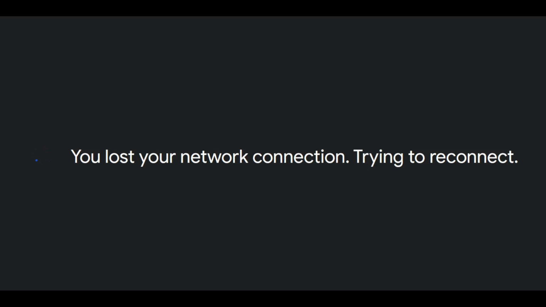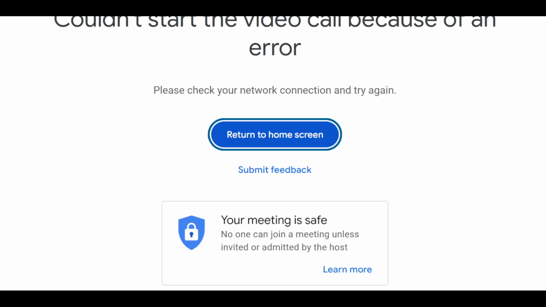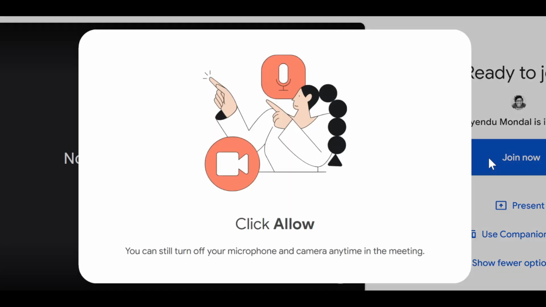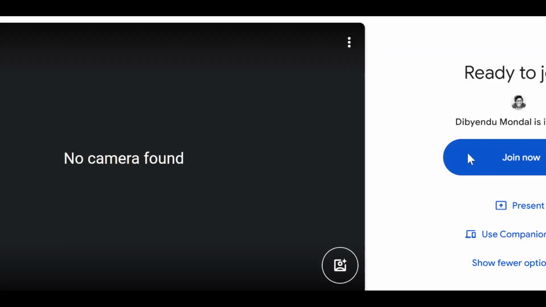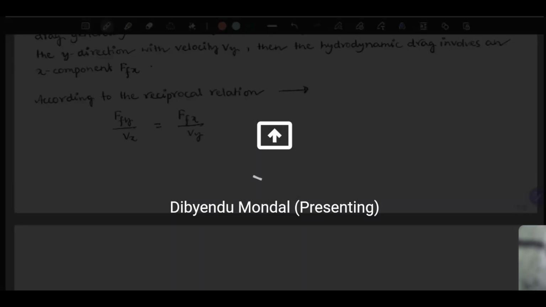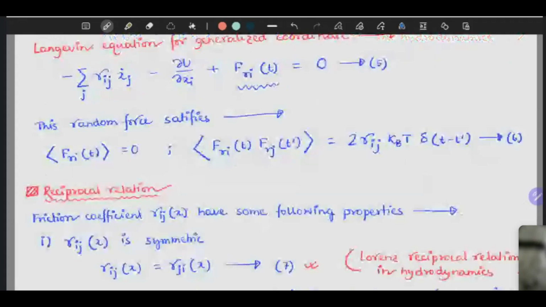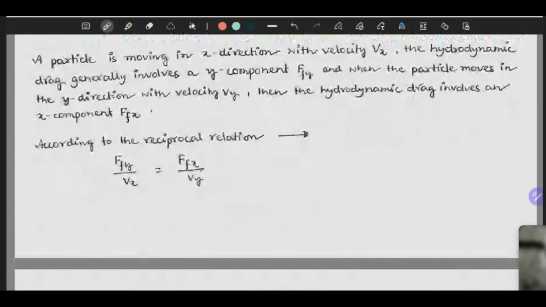Okay. So basically, what we are doing here, we're writing this equation 7 like this. So that is what we are doing here.